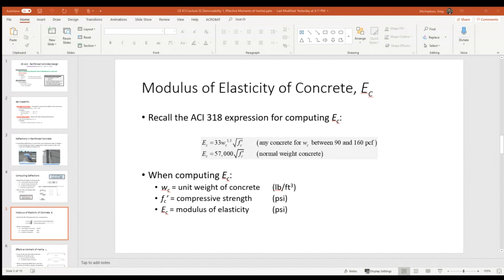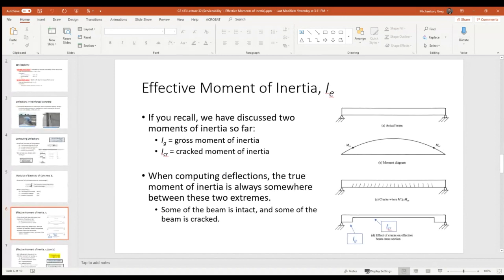That's going to be our formula. Again, plug and chug. Don't forget that when you're computing these values, you have a square root of f'c. Put in psi, get out psi. All right, so the E value is really simple.